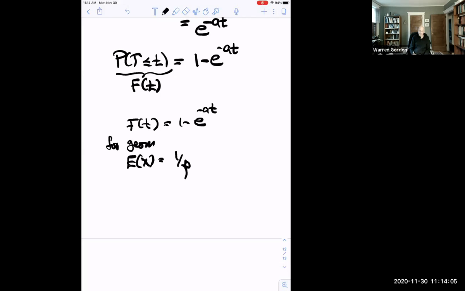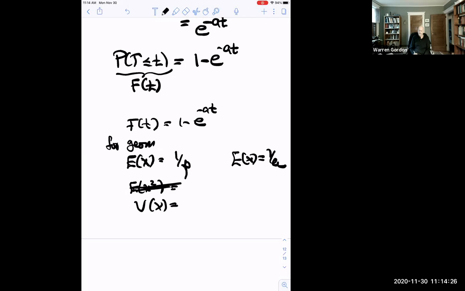For the exponential, we found it was 1 over alpha. And what was V of X? I don't remember.